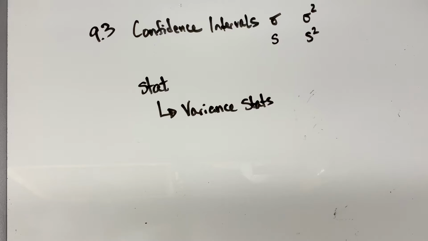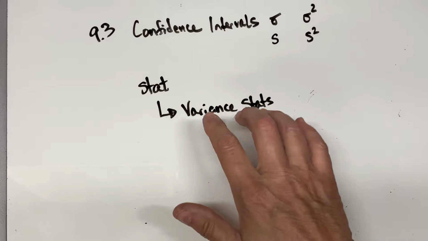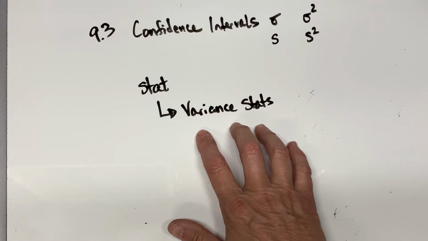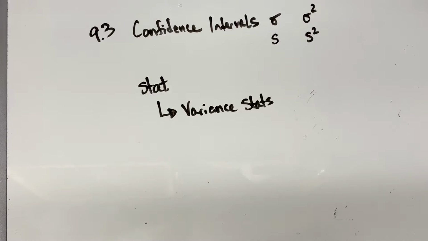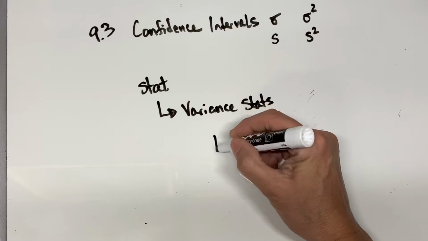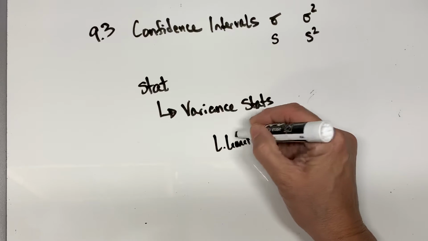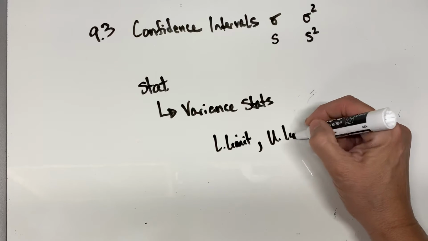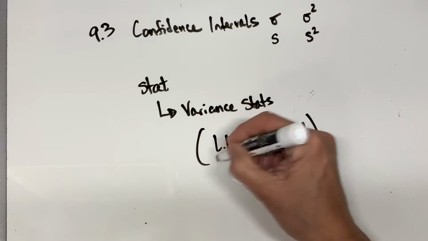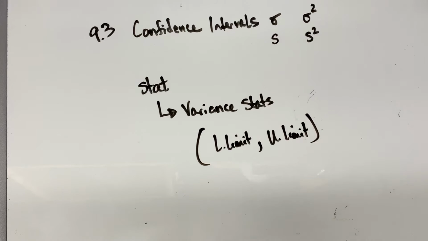So StatCrunch is set up to do the variance stats, which means when you get your lower and upper limit, it will be for a variance, okay? So something to take note of.